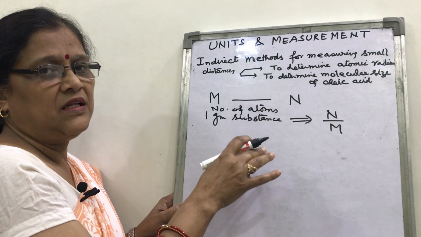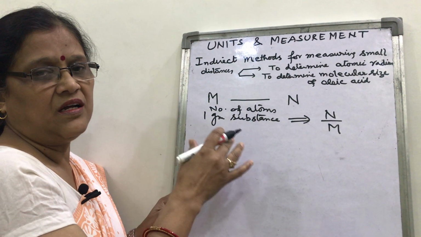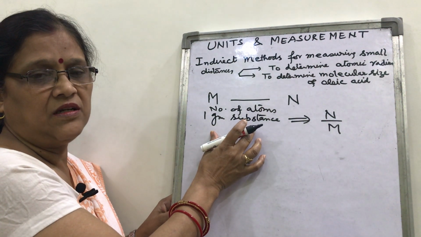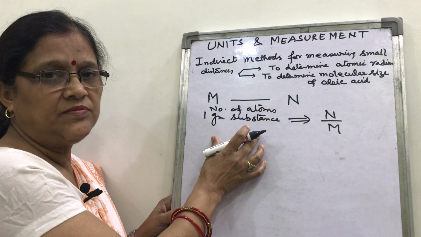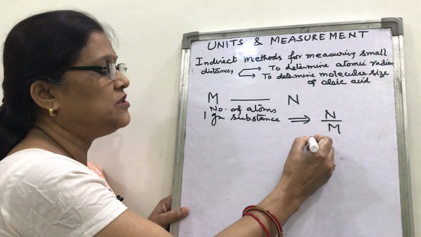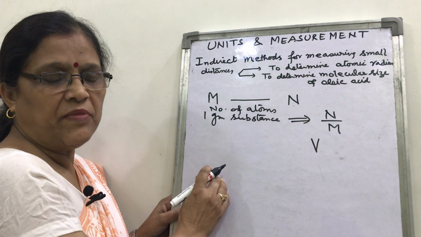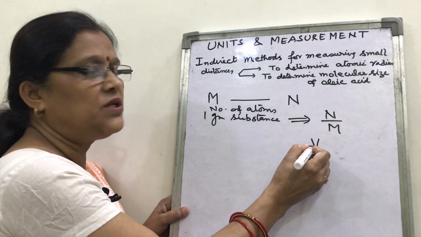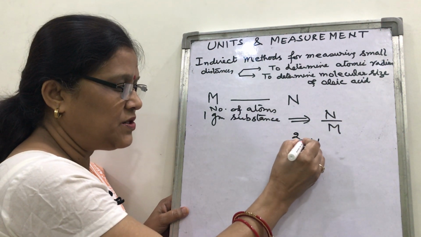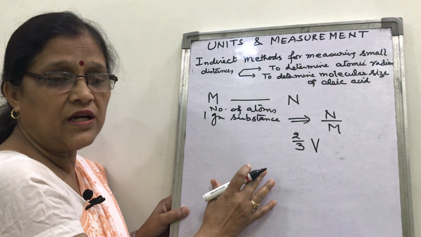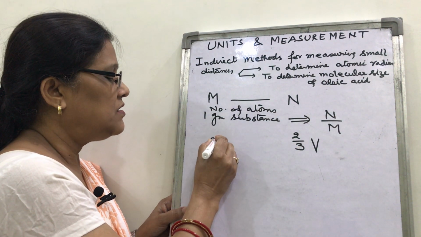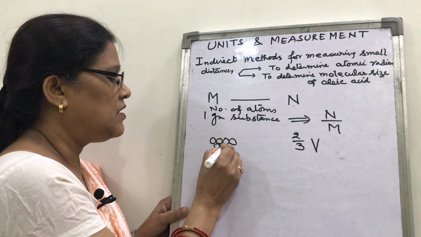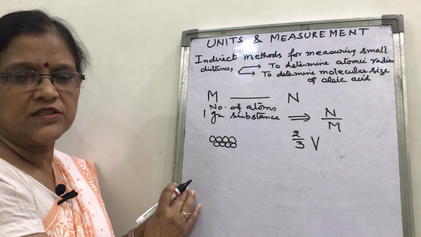Avogadro's hypothesis, there is a very important line you have to learn: that 1 gram of substance, all the molecules occupy the space, that is volume is suppose V, but the actual space occupied by the 1 gram substance atoms is 2/3 of V. This is 2 by 3 V. And why so? Listen again, that molecular size or atomic size is spherical, and suppose the atoms are placed in a vessel like this.